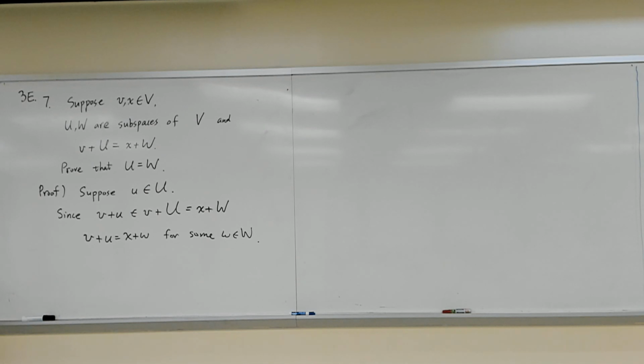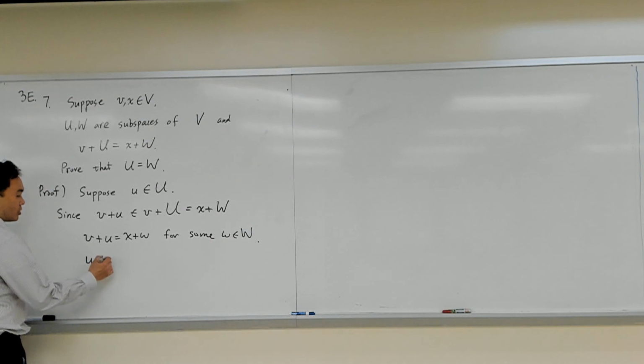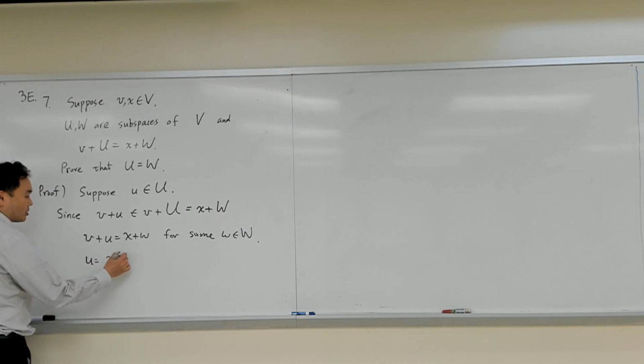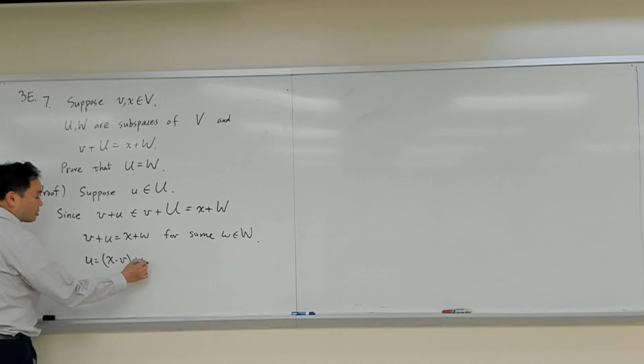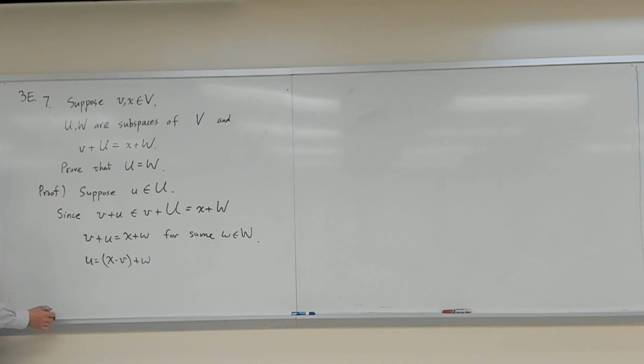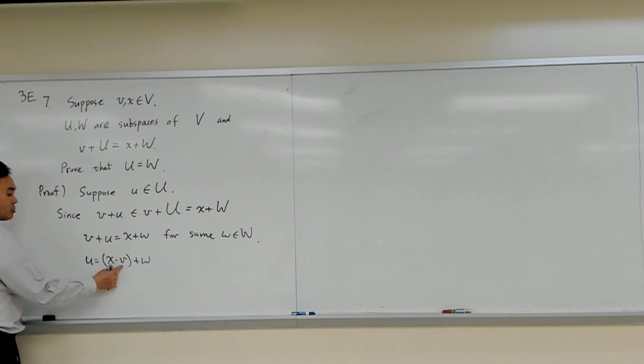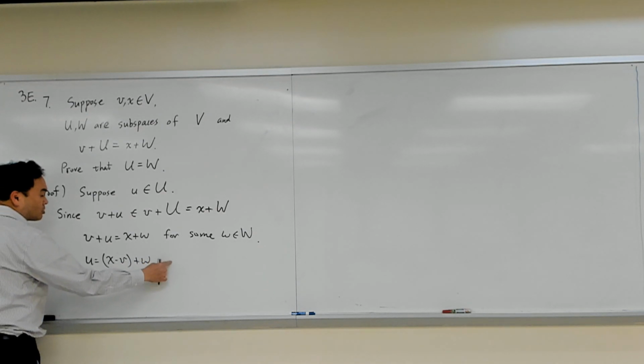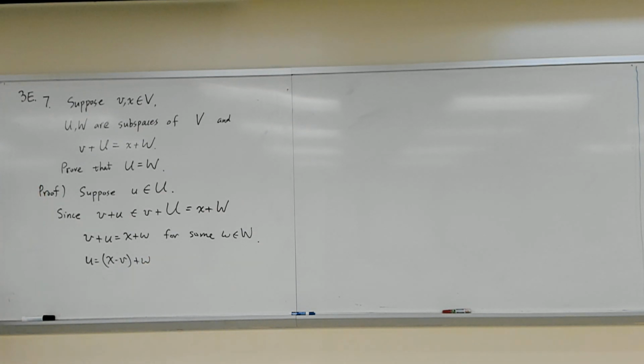Now, what we need to do is, since u is equal to x minus v plus w, we have to show that this is in W and that's in W, so that it's in W. That's what we want to show.